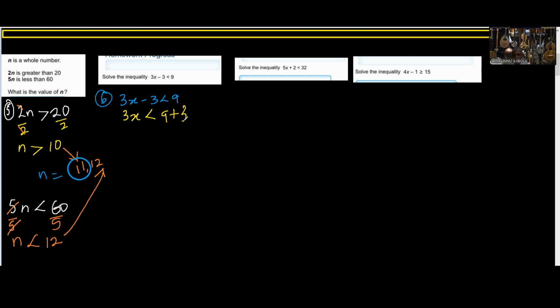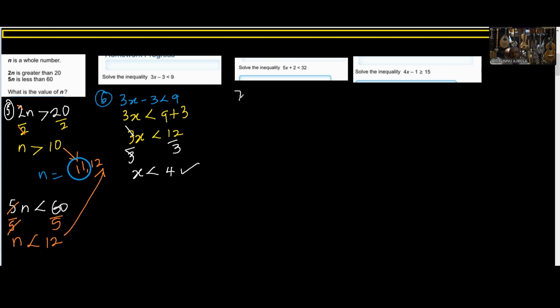So 3x is now less than 12. Then you divide both sides by 3, so x is less than 4. That is the solution to this inequality. Is that clear?